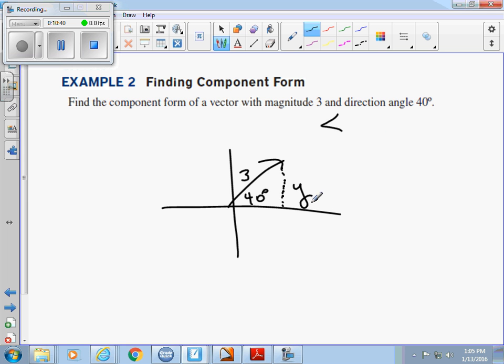Let's start with the Y. How could I find Y if I know the angle and I know the hypotenuse? Sine. Why sine? Good. Sine of 40 degrees equals Y over 3. Which brings me to a formula you may remember.